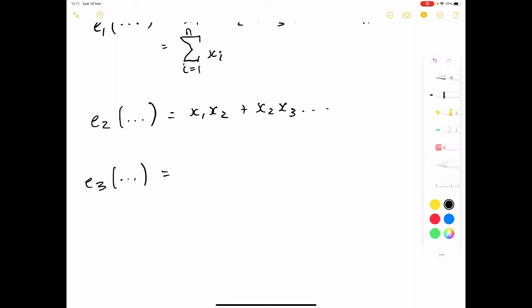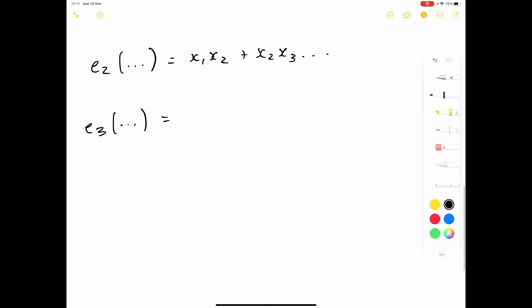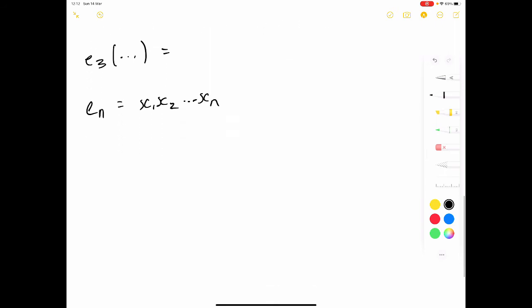The next thing we have to deal with is E of n, where n is the number of terms, which will always be equal to the product of the roots, so x1 x2 up to xn. And Er is the final one we have to be aware of.